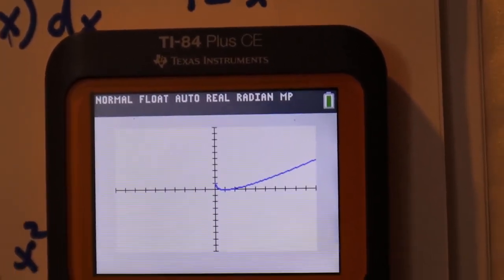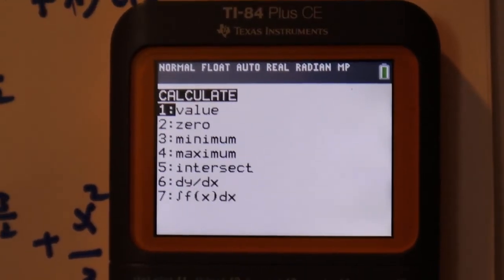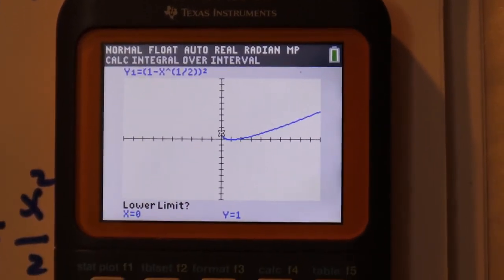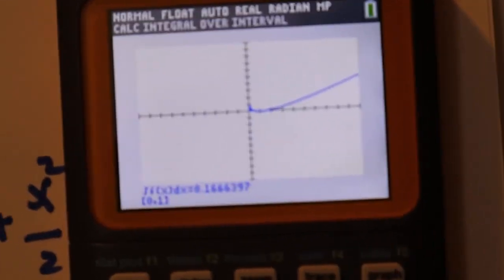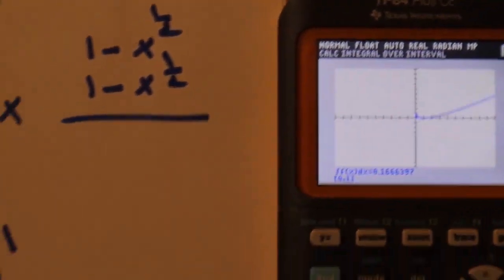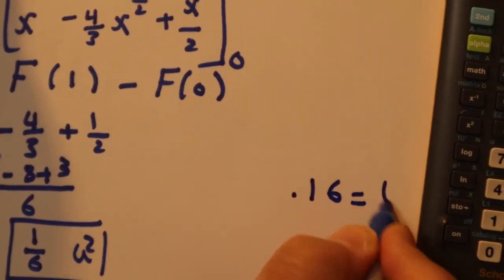And we need to do from 0 to 1. Second trace, 7 again, I remind you, and then 0, this is the first bound, enter, and then 1, enter. Now the result is 0.116. 0.116 graphically is the same as 1 over 6.